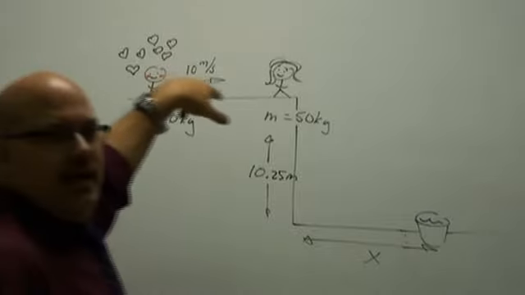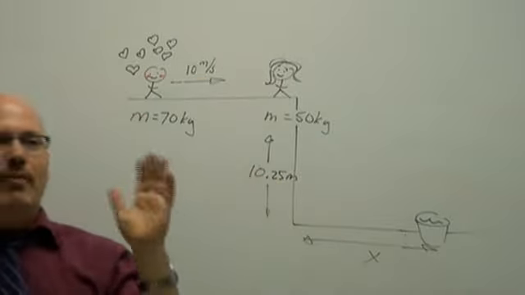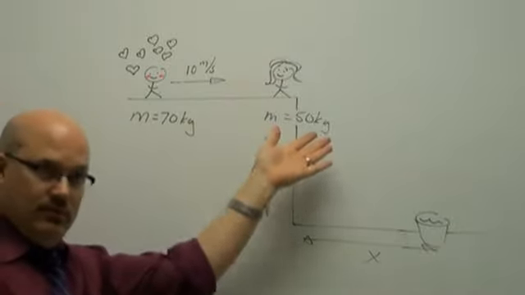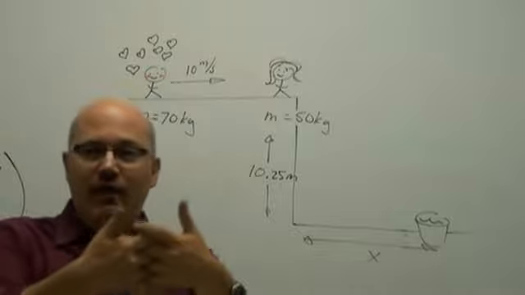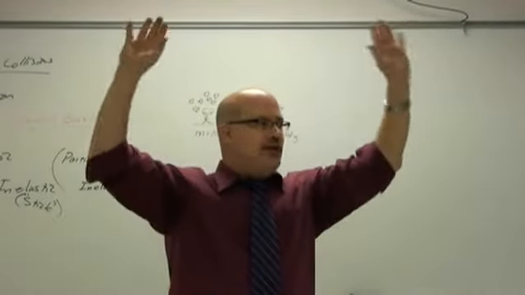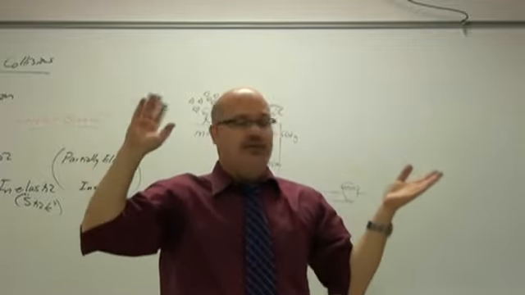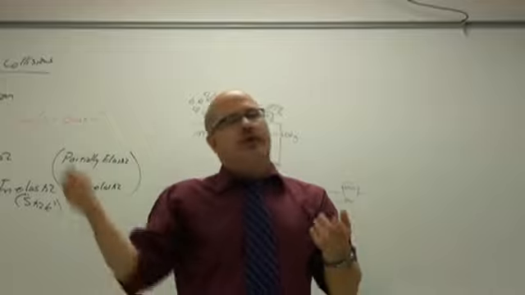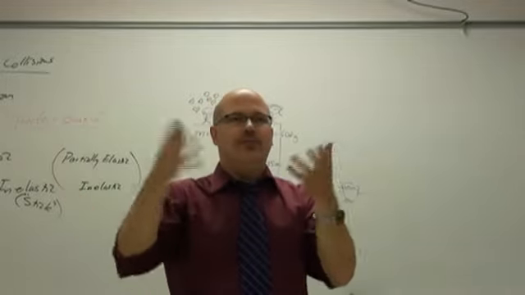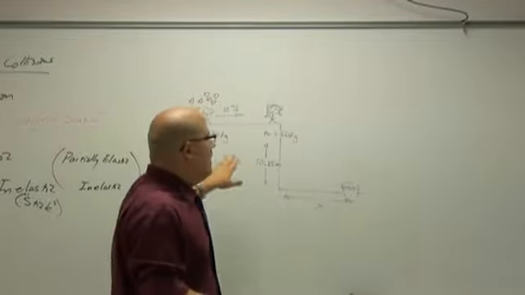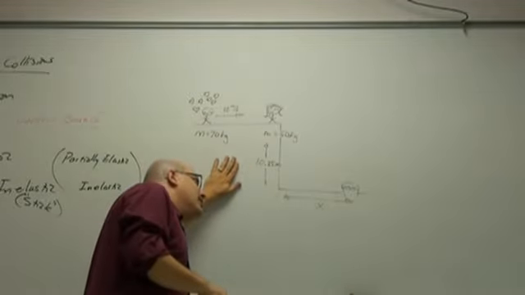The key thing is, if you see objects interacting and they're free to move, conservation of momentum is by far the easiest way to solve those types of problems. Just like when we have an object that's falling or attached to a spring, we always think, can I solve this with energy?